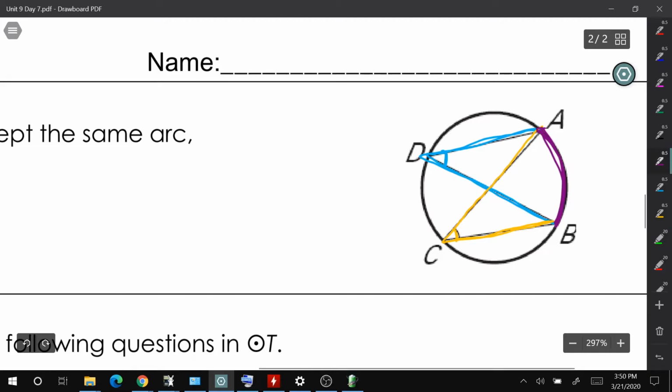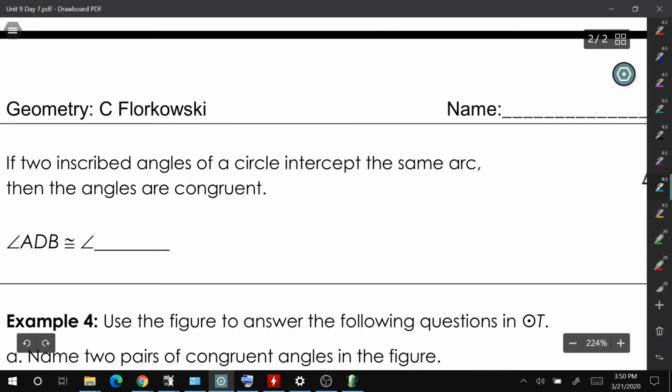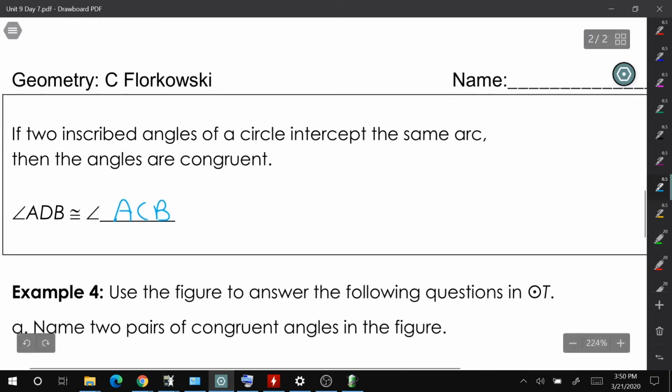Since they both have the same arc, these two angles are congruent. So over here, that's just what this is saying. Angle ADB and angle ACB, those two angles are congruent. And it's easy to miss that.